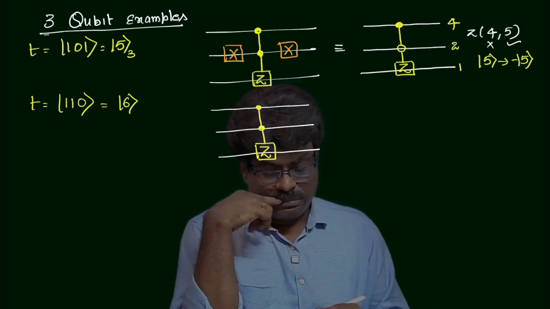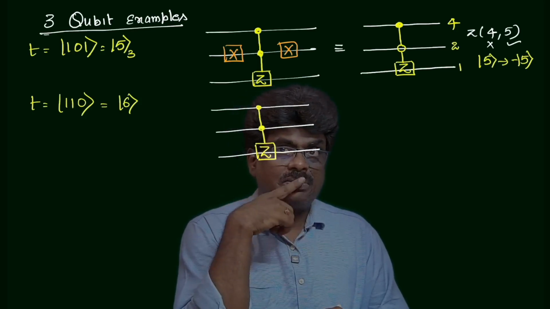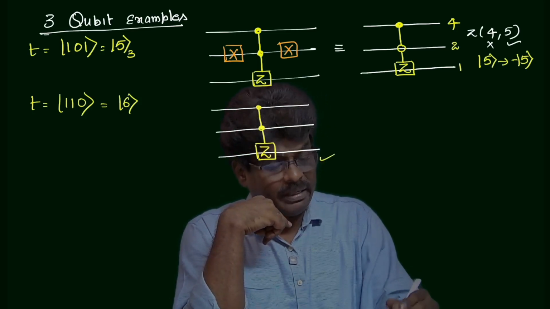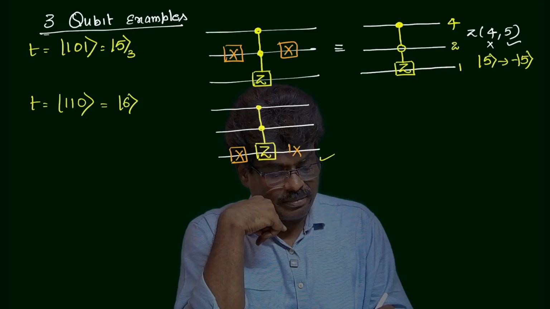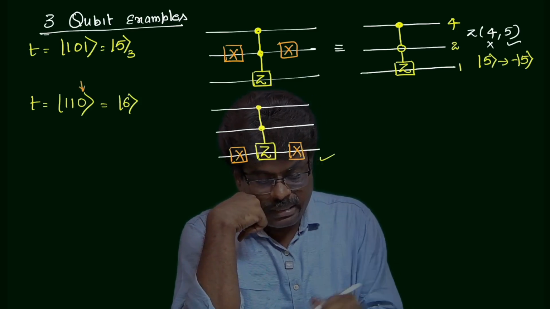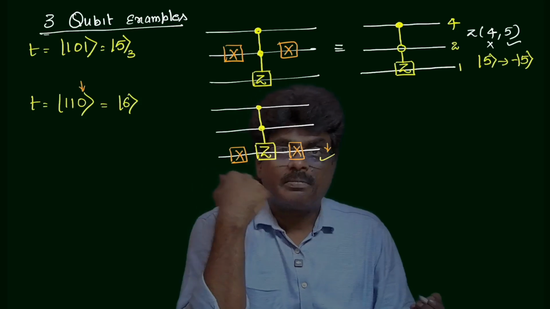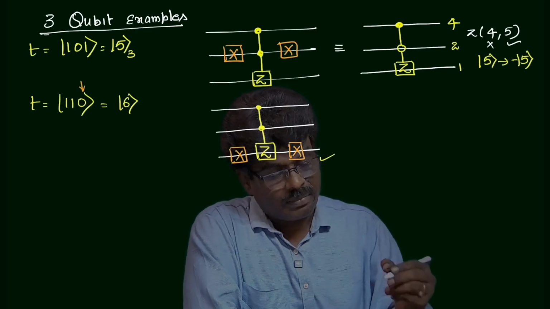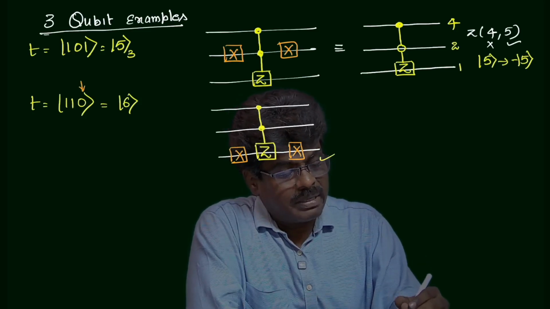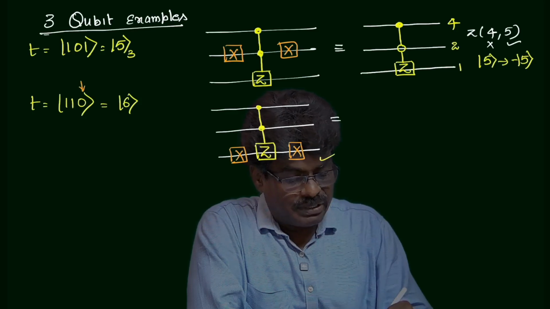And now, where is the 0? At the last one. That means here. So here this is X and this is X. This is the starting one. Let it be 1, 2, 4 like this. Okay, so this can be written in our decimal state notation. How to solve this?